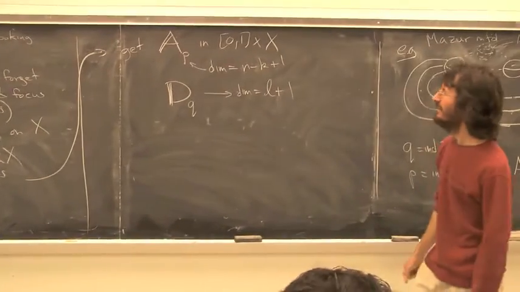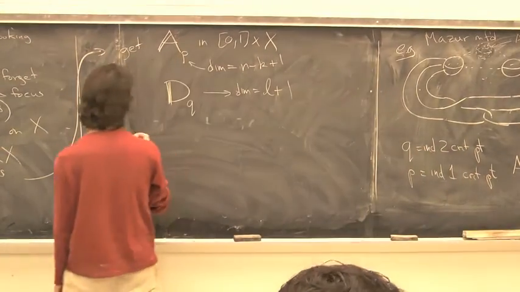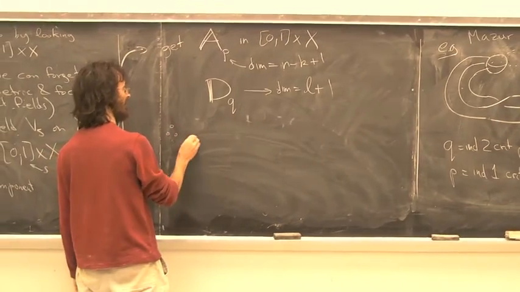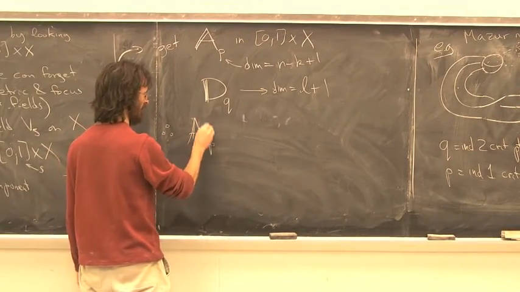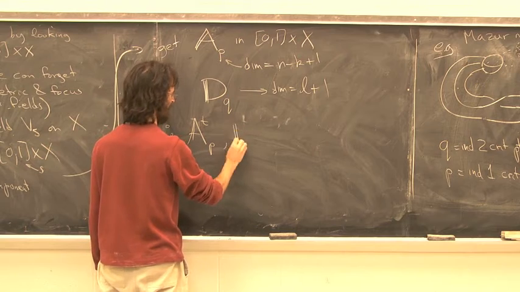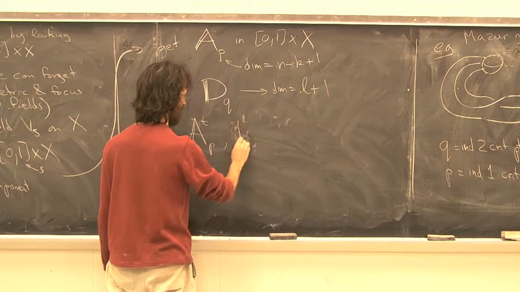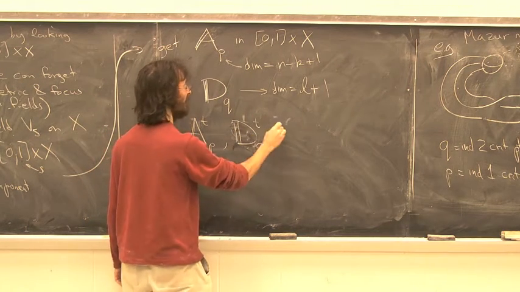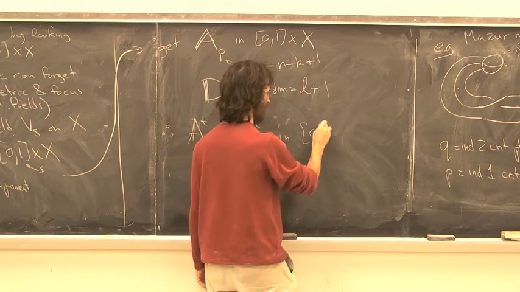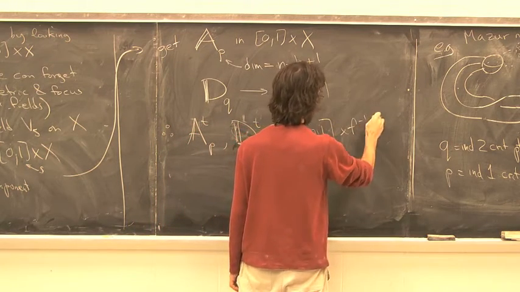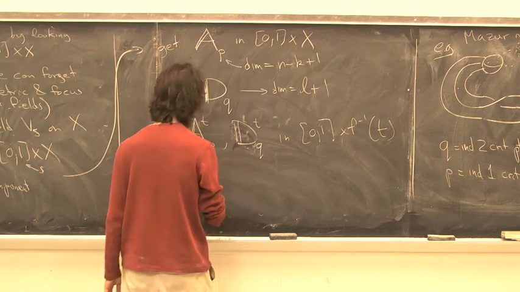Yep. Okay, so now, therefore, put the t's in, we get a t and q t in 0, 1 cross X. Right, and then these have dimensions.